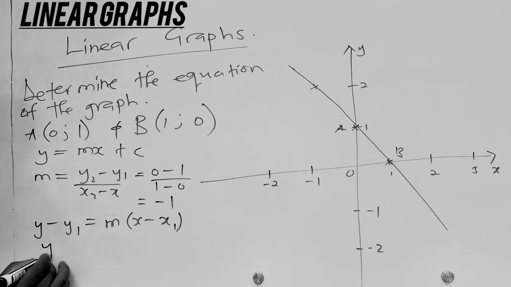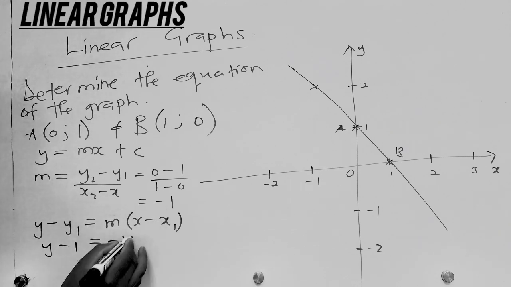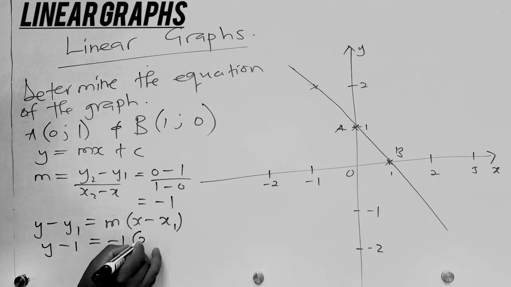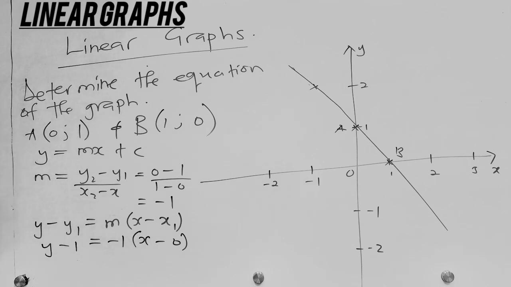So this is y minus our y1, which is 1, is equal to m. We calculated m is minus 1, then x subtract 0. So this will be y is equal to minus x, then we take this one to our right hand side and it becomes plus 1. So this is the equation of our graph.